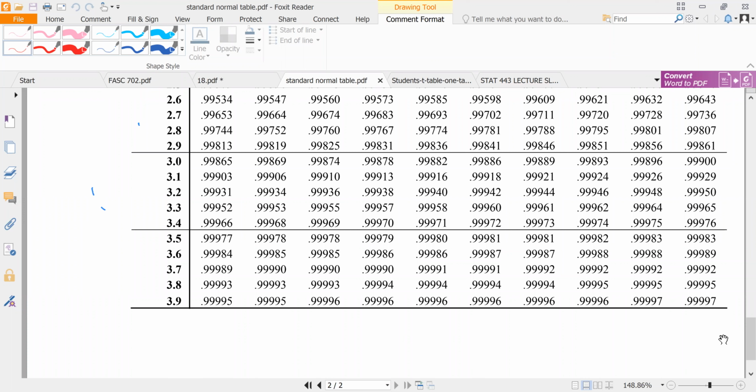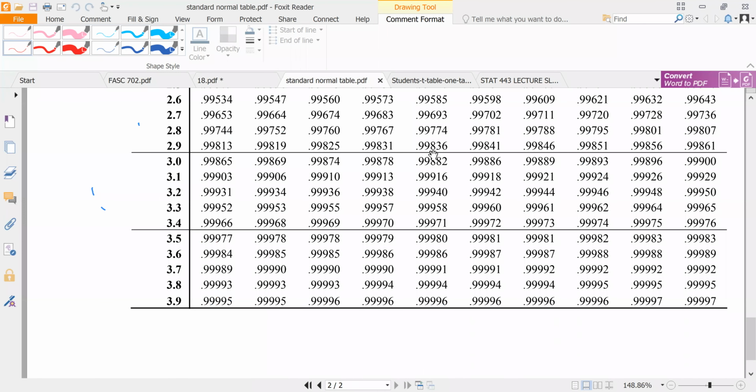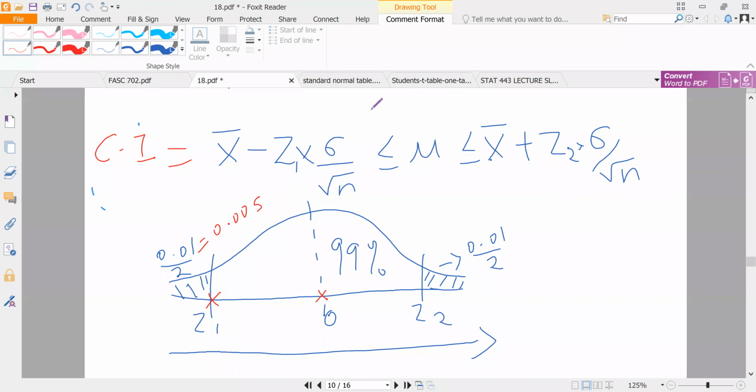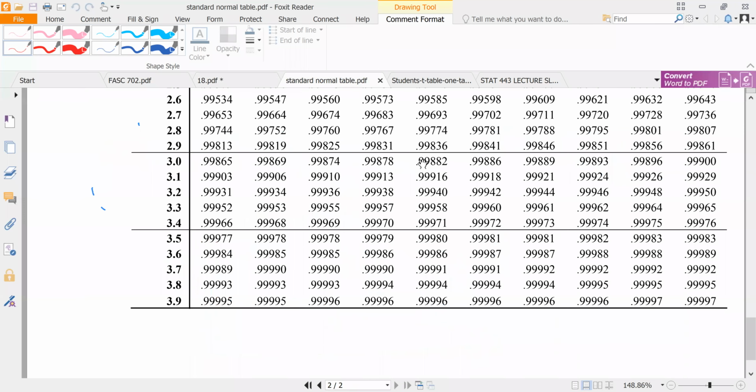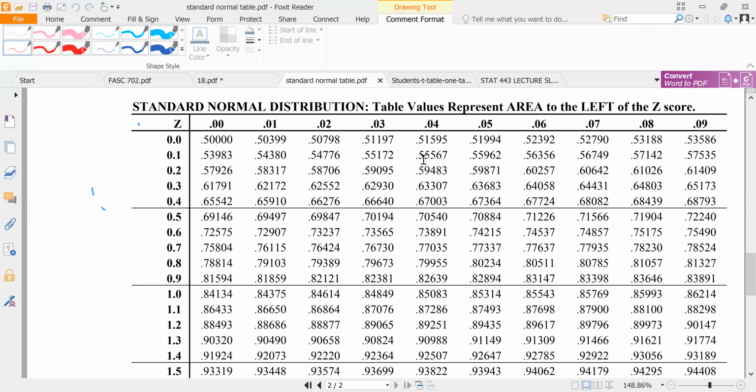So now, for this case of ours, the accumulated probabilities up to the point where Z1 is are 0.005. So we come into this table and look for the probability 0.005 inside the table.